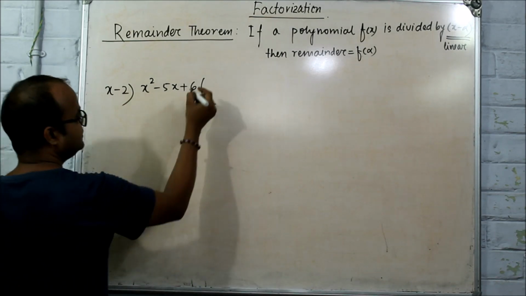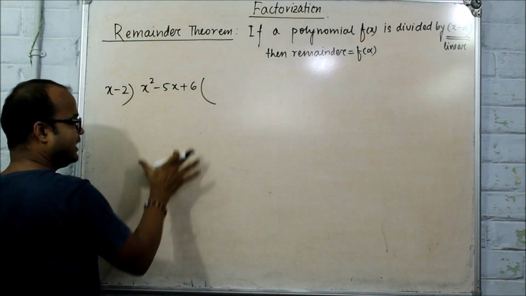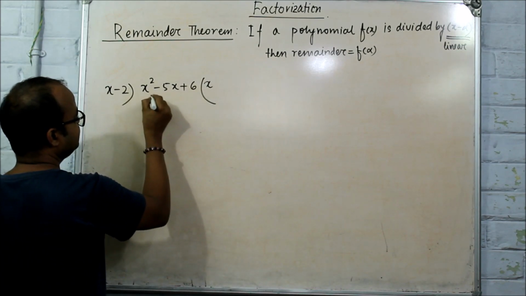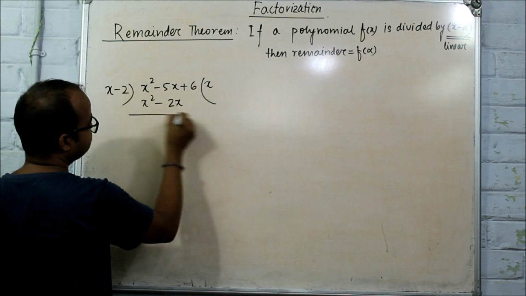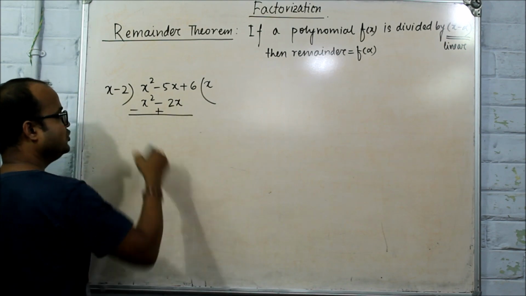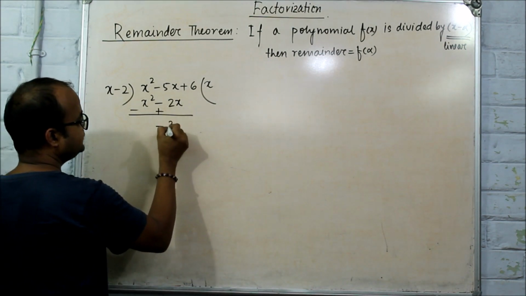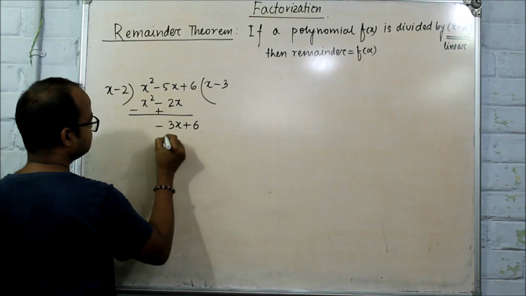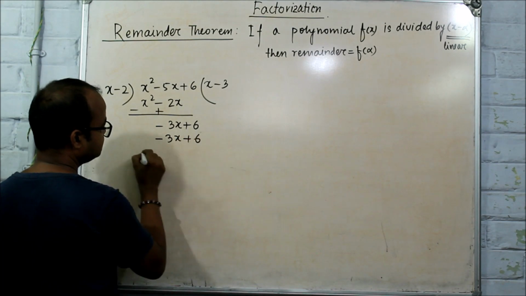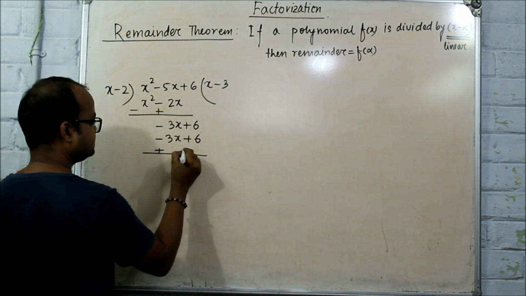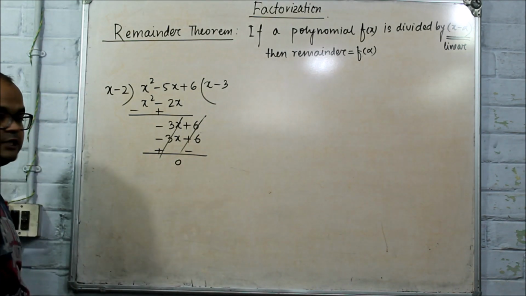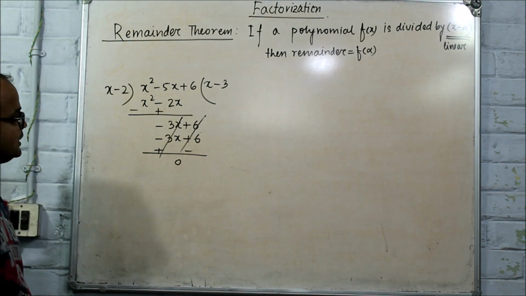If I divide it by the long division method, you know the division, so I am not explaining this. What you get is the remainder as 0.